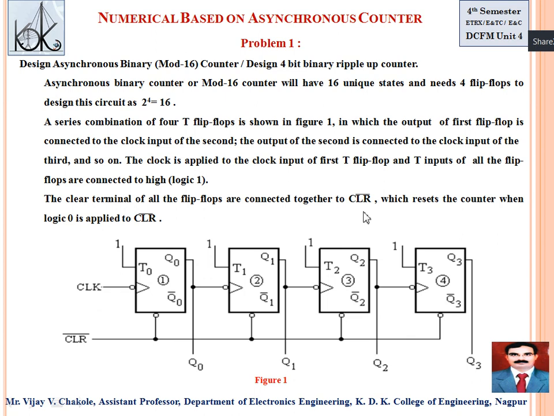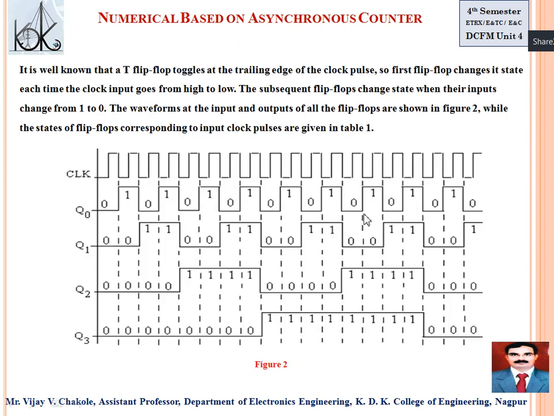That is given in the waveform. Previously you are at 0000. When the first negative edge comes, the first flip-flop Q0 toggles from 0 to 1. This is a positive edge, and our requirement for the other flip-flops is a negative edge.